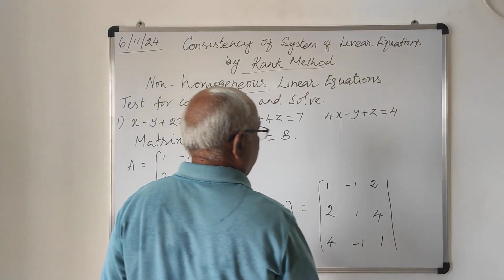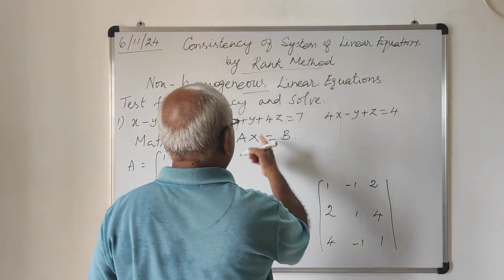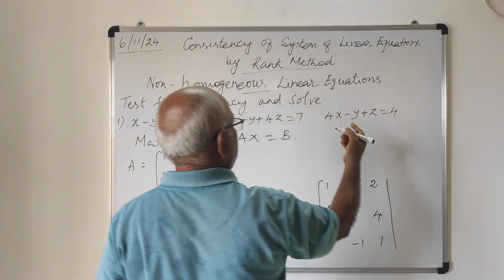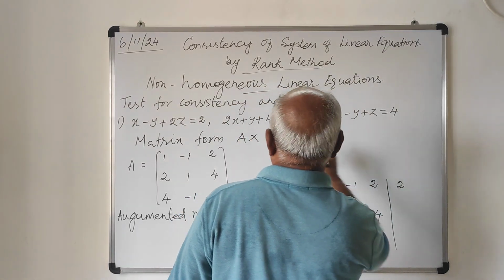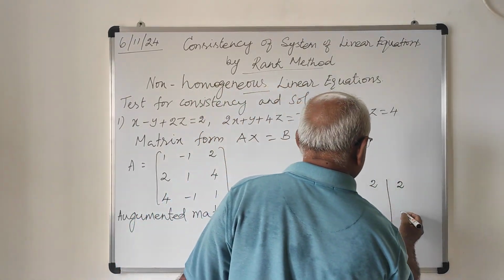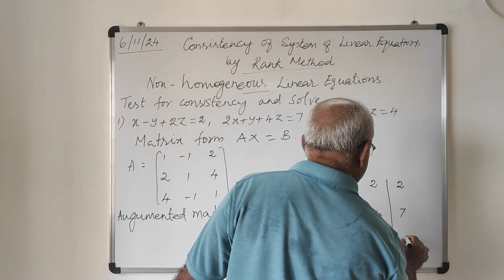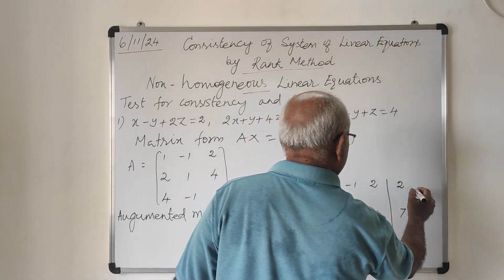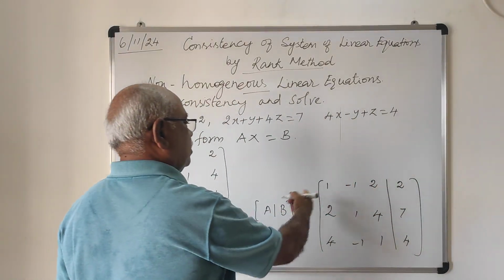Drawing a line, we add the constants on the right-hand side as a column: 2 in the first equation, 7 in the second equation, and 4 in the third equation. So this matrix is called the augmented matrix.